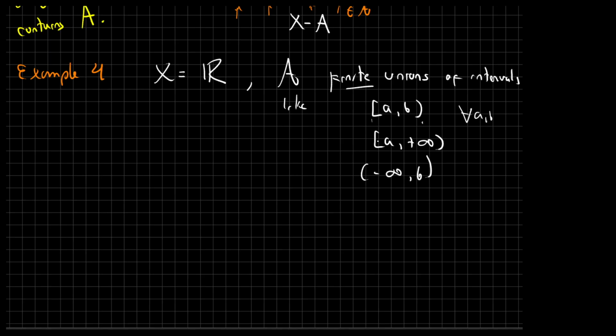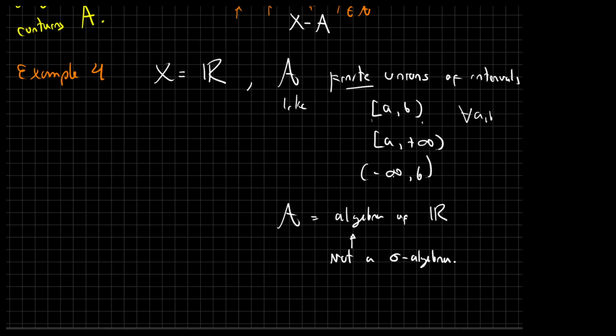Then the set A is an algebra of R, but this is not a sigma algebra. And why is this not a sigma algebra?